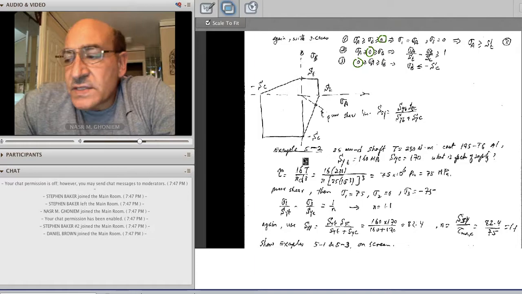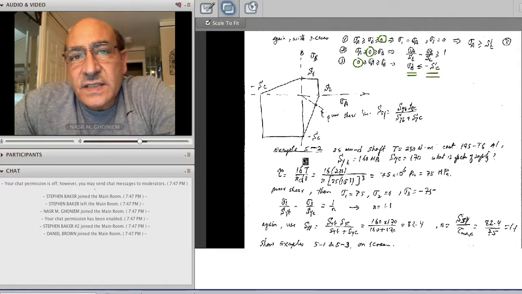And when it's in the first location, then it means that it's a compressive state. Then sigma B is less than or equal to minus the compressive strength of the material, which is pretty high. And for zone 1, sigma A will be greater than the tensile strength of the material, which is low.